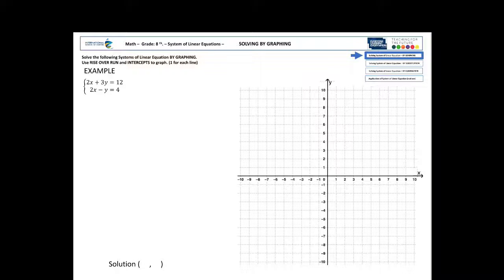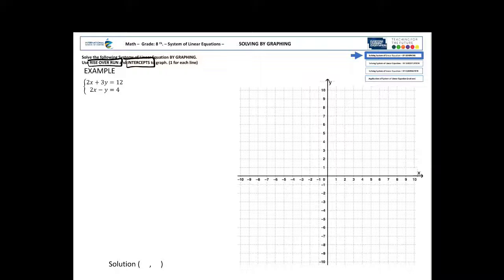To graph lines in math, we use many methods. To graph these two lines, I will use rise over 1 method and intercepts. There is no problem in using rise over 1 to graph these two lines or intercepts to graph these two lines.